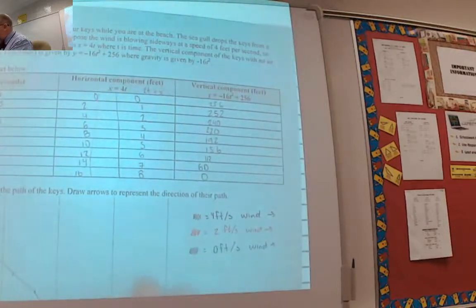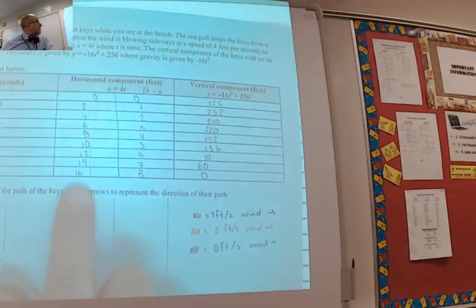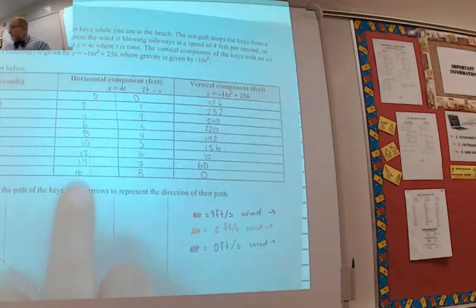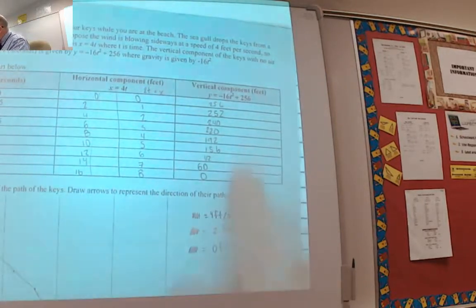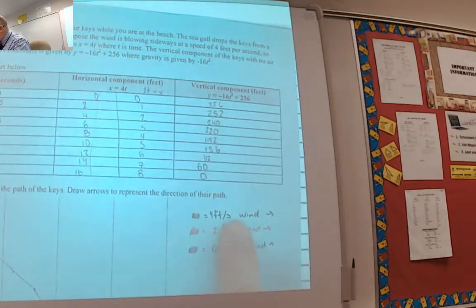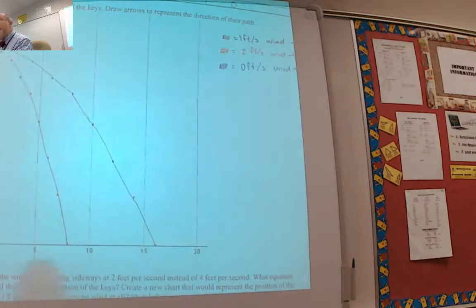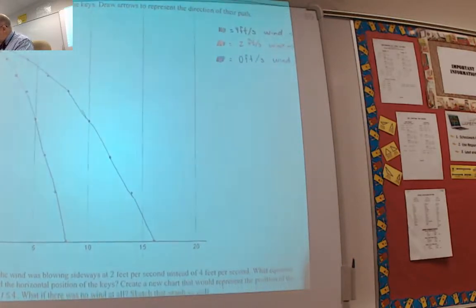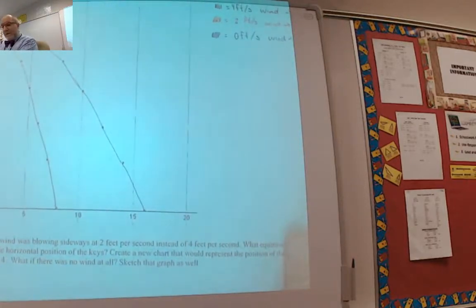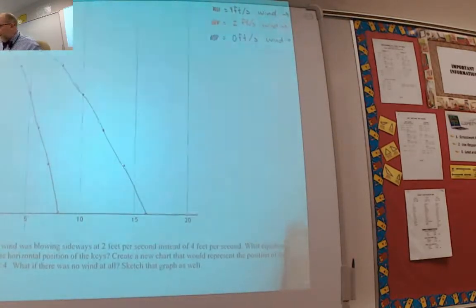So you made these columns. And so here's your vertical component. And so here is your graph. And this is dropping straight down, correct? And then these are with the winds. And so you got those graphs. So that's very good. That's the same graphs that I have.